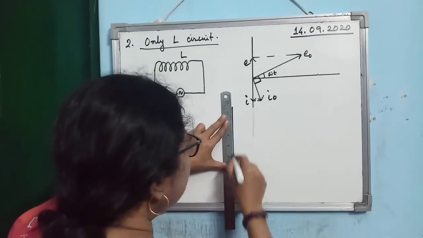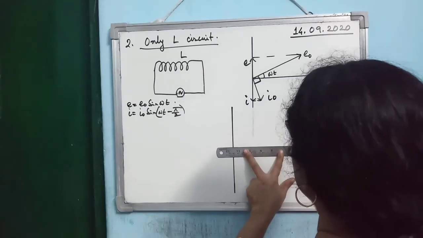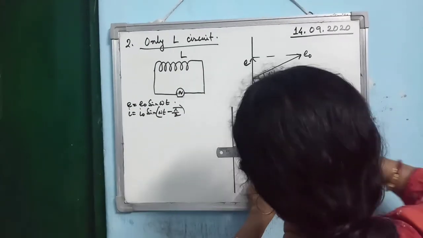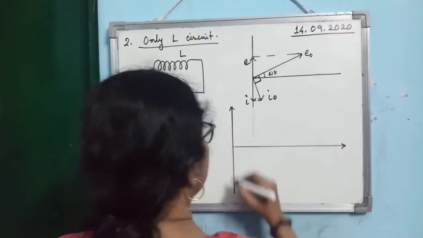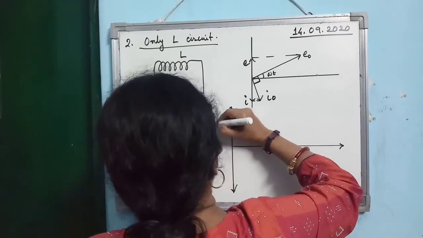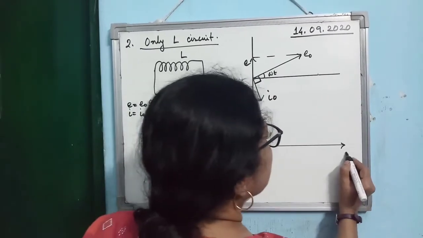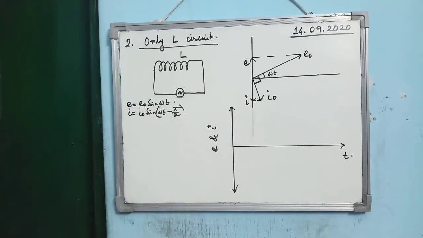But originally, how the EMF and the current are varying, if you want to draw that, this is the way you have to draw. We have drawn it already for the only R circuit.